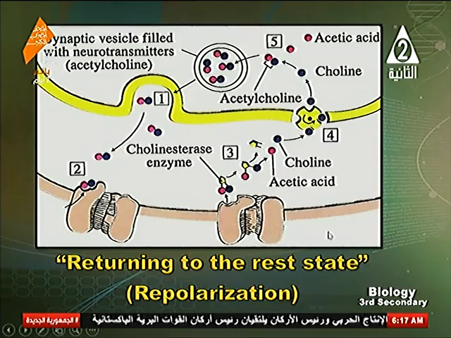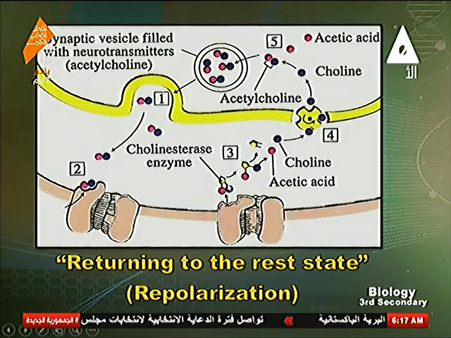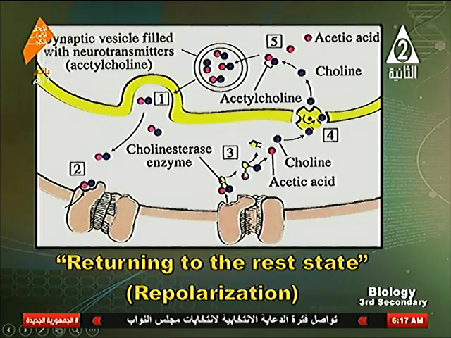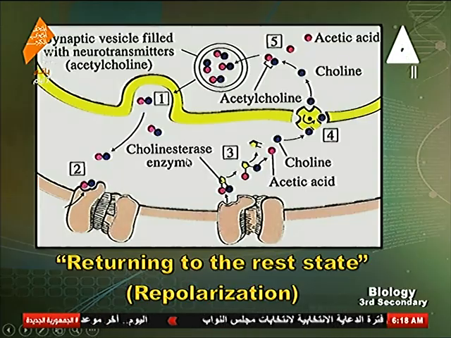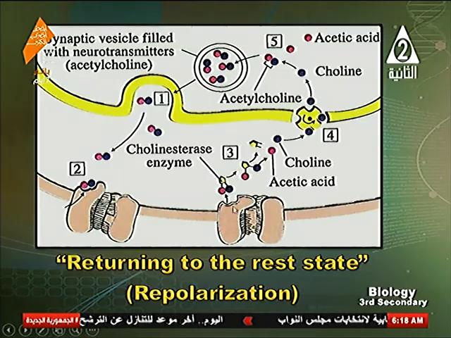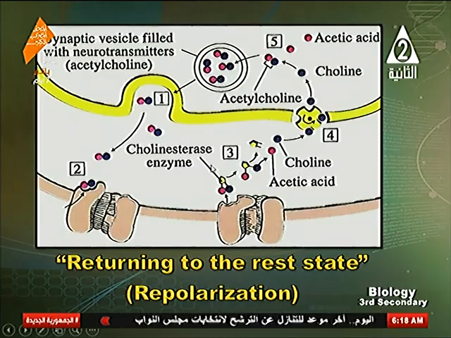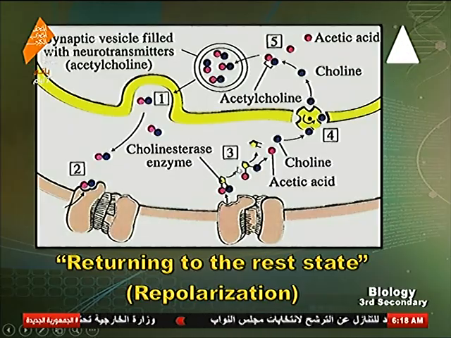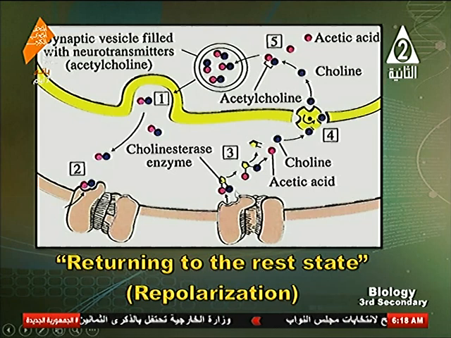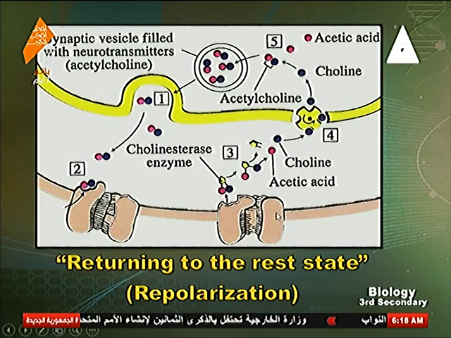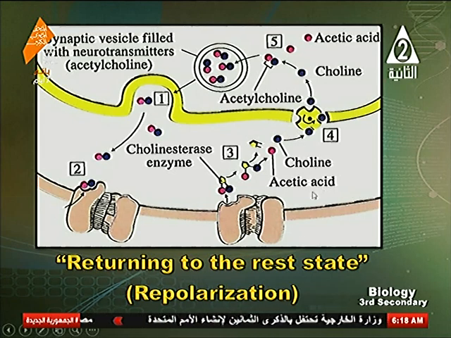This is due to the action of the cholinesterase enzyme, which binds with acetylcholine to break it down. Cholinesterase enzyme is found abundantly at the neuromuscular junction, this area, and works on destroying the acetylcholine substance and converting it into choline and acetic acid. This is the choline and this one is the acetic acid.